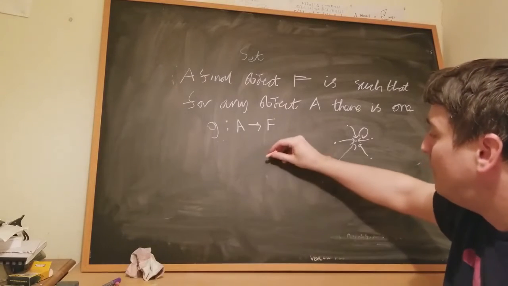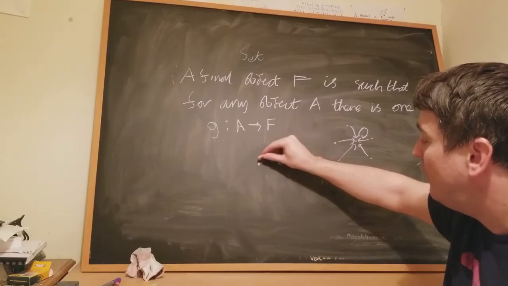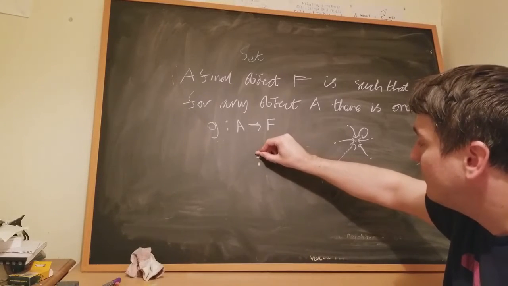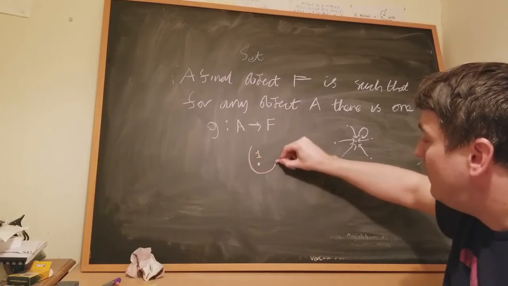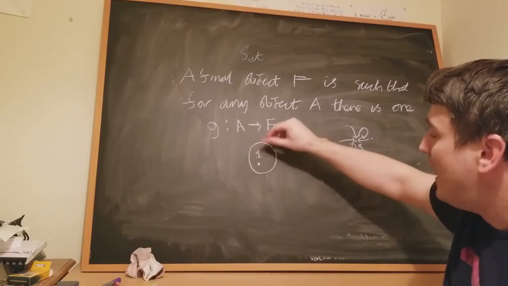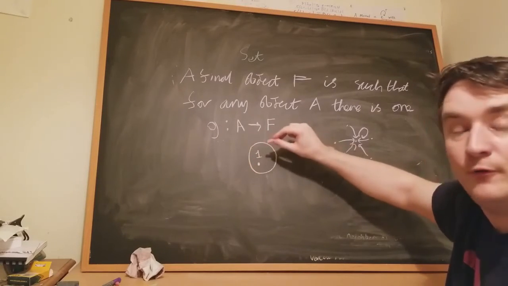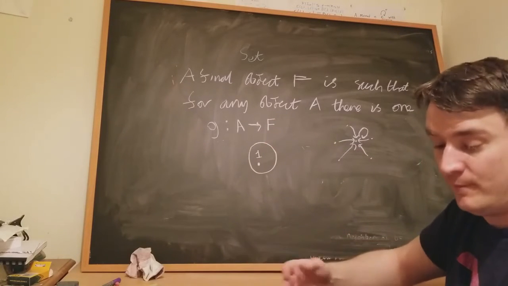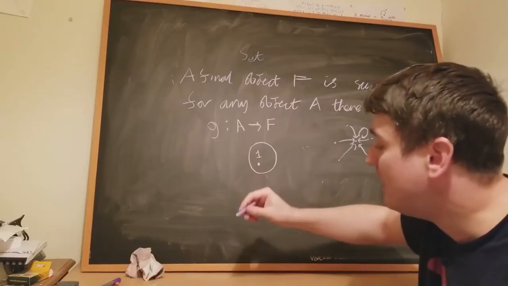Well, it turns out that if we just pick a set which just has one element in it, then that object that corresponds to that set is actually a final object. And it's quite easy to see why.